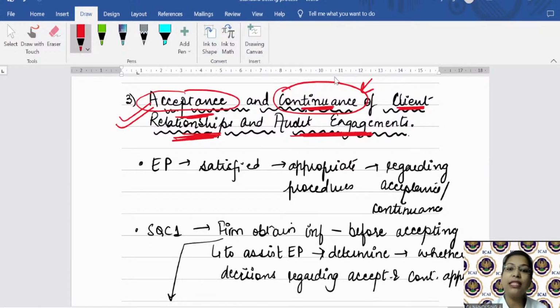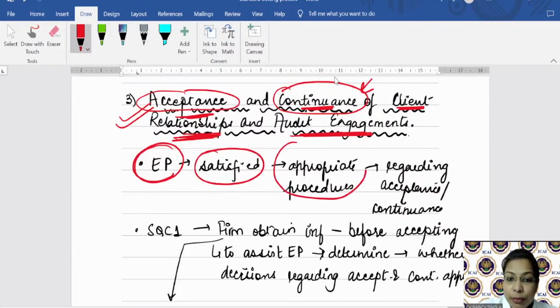So this point says that the engagement partner, Hana, CA in our example, should be satisfied that appropriate procedures regarding the acceptance and continuance of client relationships have been undertaken. Appropriate procedures perform हो गए हैं.